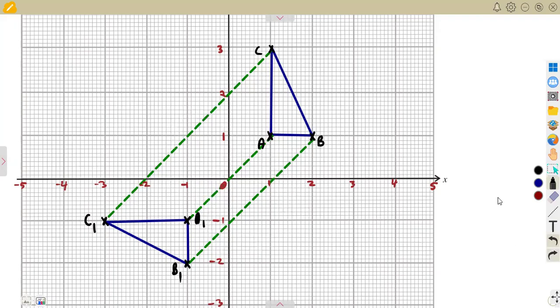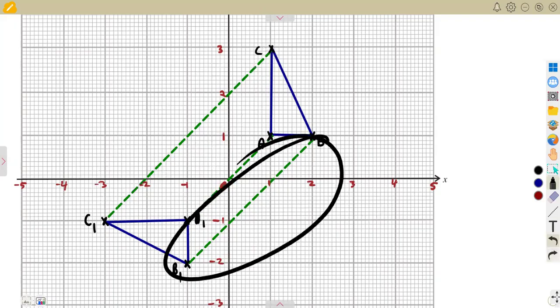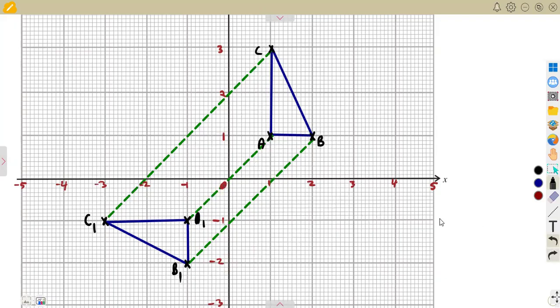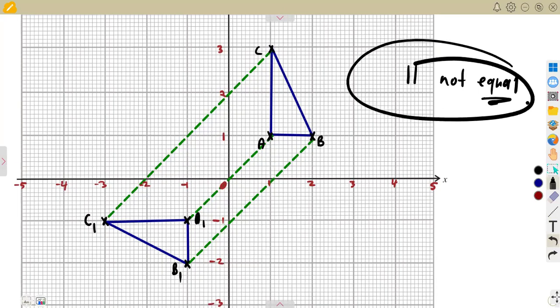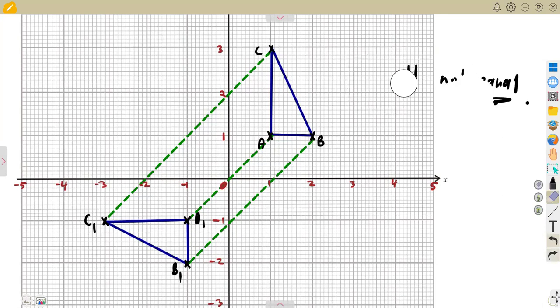But if we consider the length, by just looking at A to A1, look at this distance, compare it with C to C1. Look how big C to C1 is compared with B to B1. These parallel lines that we have produced are not equal. So if they are not equal, it means it is a reflection.